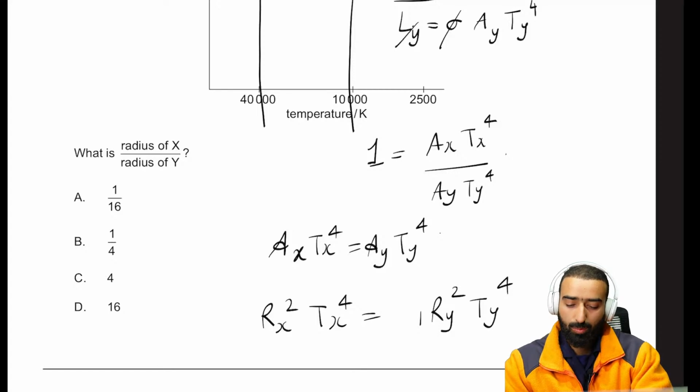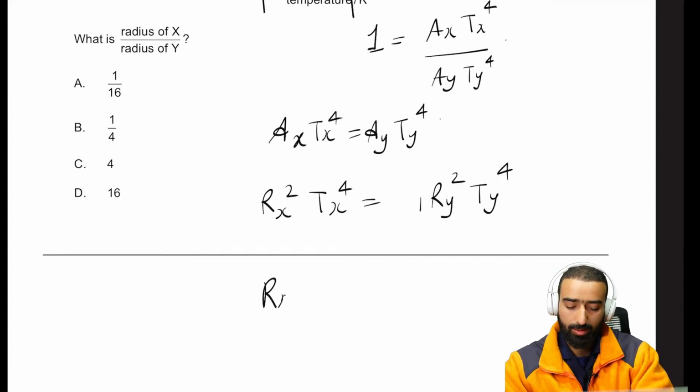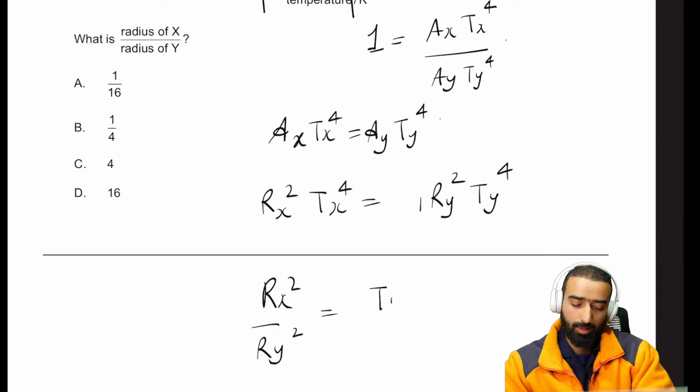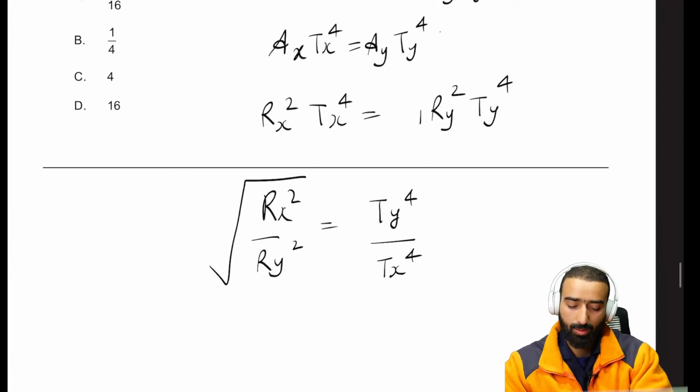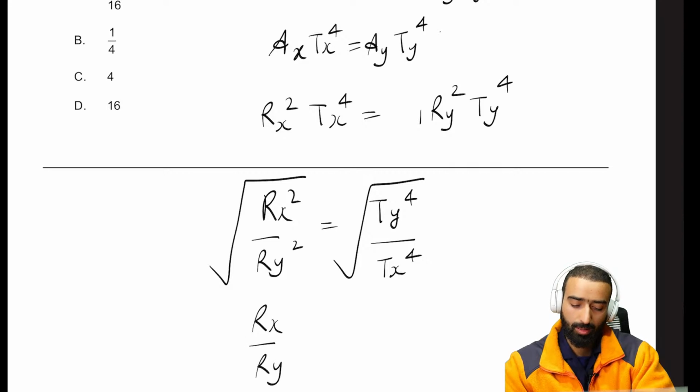What do we want? We want R_X over R_Y. So we get R_X over R_Y equals T_Y to the 4 over T_X to the 4. If I take the square root both sides, R_X over R_Y equals T_Y squared over T_X squared.